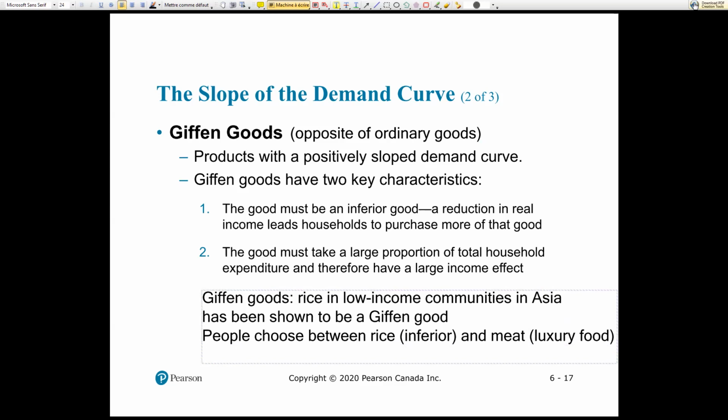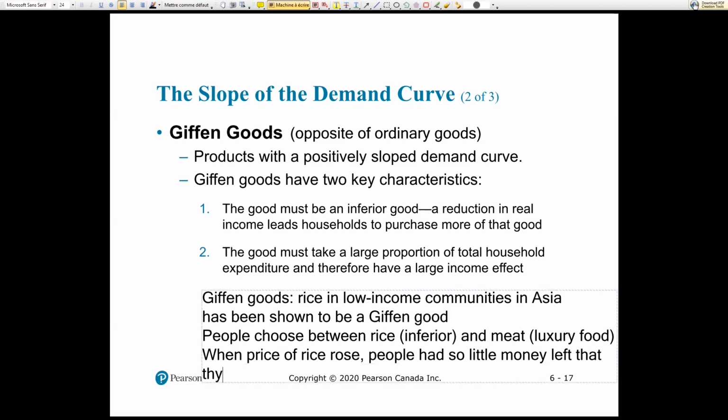And then what they did was manipulate the price of rice. And what they observed is when the price of rice rose, then people had so little money left that they couldn't afford meat anymore, and bought more rice.